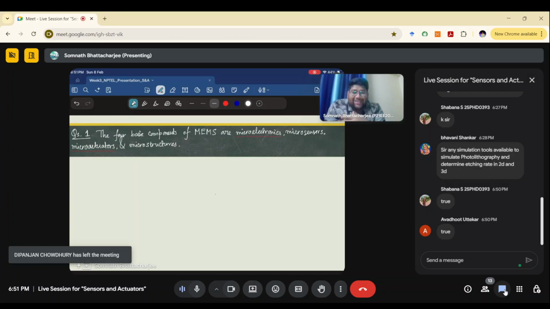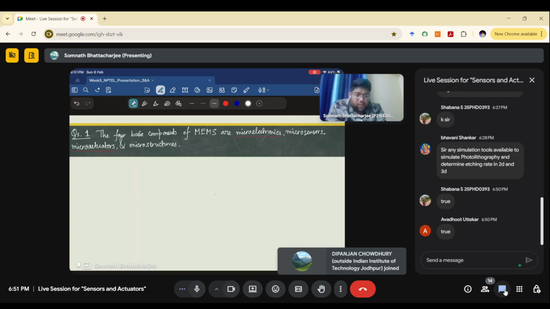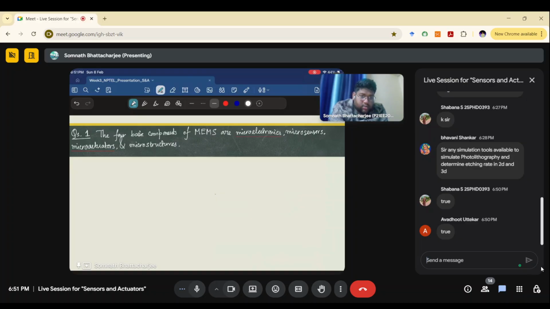As I have already discussed in the previous class, what are the use cases of each of these, specifically microstructures? Try to answer this.